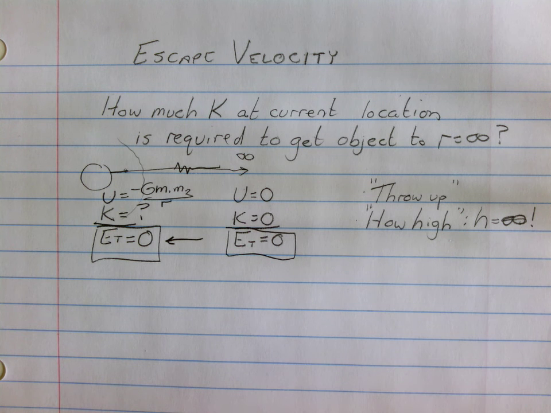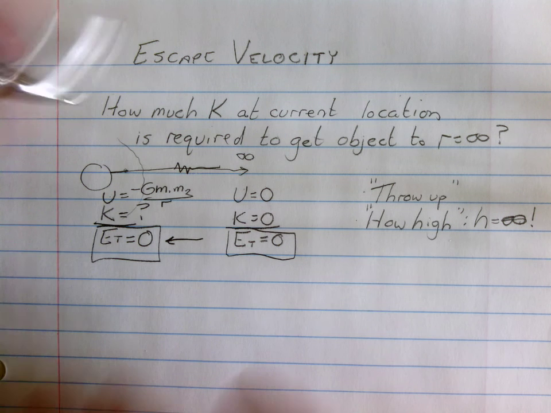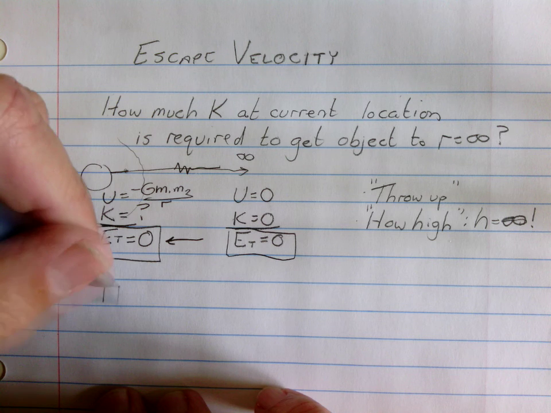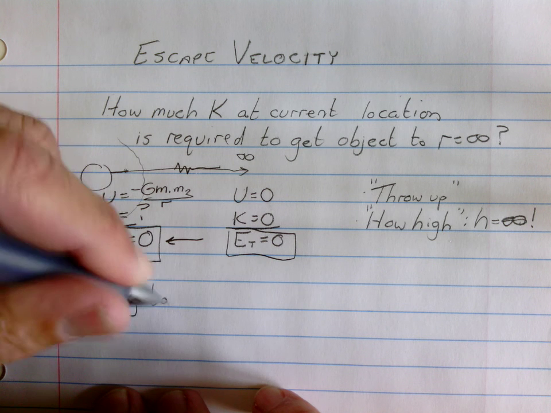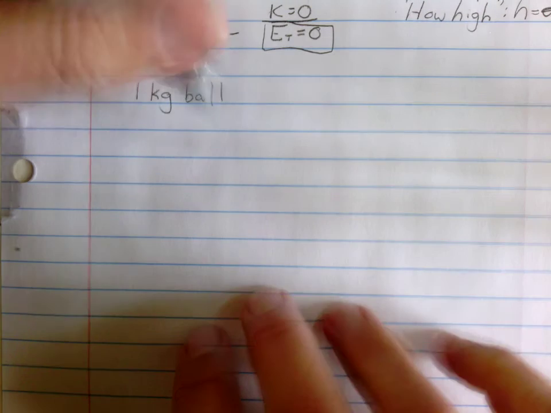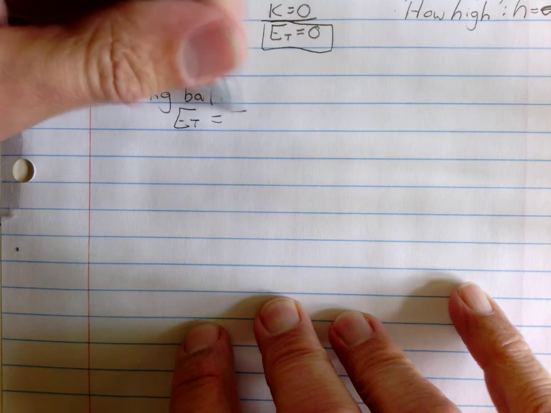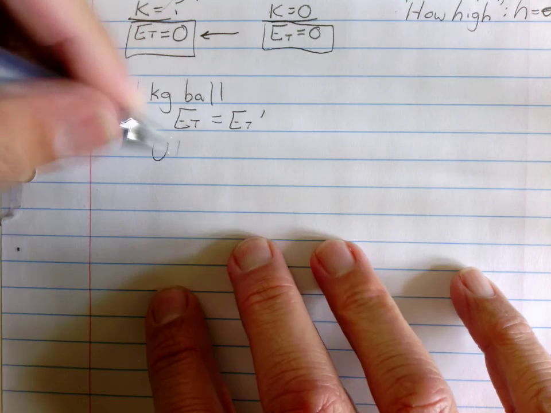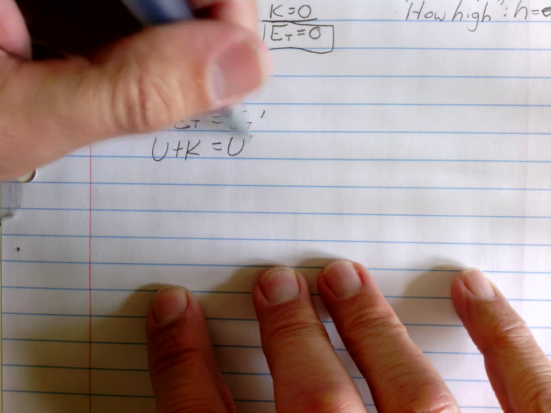I'm just going to say it's a 1 kilogram ball. And so once again, we're just doing a standard conservation of energy type of problem. E total equals E total prime. U plus K equals U prime plus K prime.